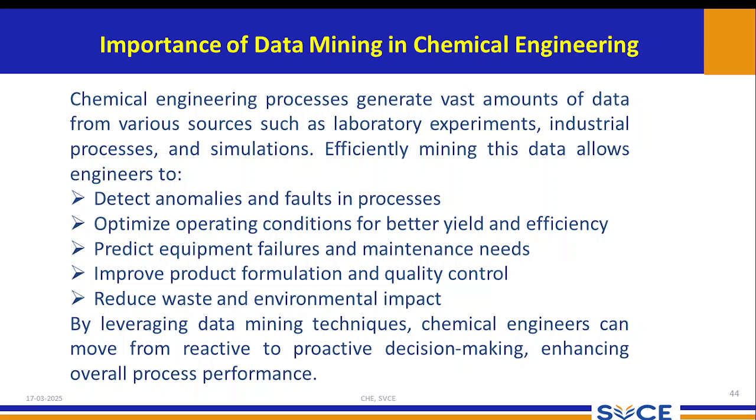Chemical engineers process vast amounts of data from lab experiments, industrial processes as well as simulation. So efficiently mining this experimental data or laboratory data or simulation data allows engineers to detect the anomalies, that means deviation of data and faults in processes, optimize the operating conditions for better yield and efficiency, predict equipment failures and maintenance needs, improve product formulation and quality control, reduce waste and environmental impact.